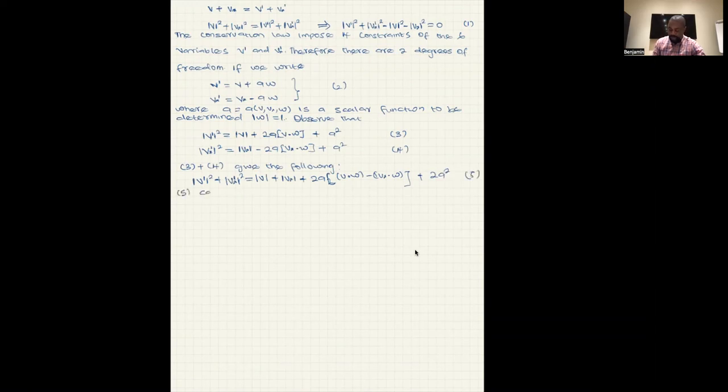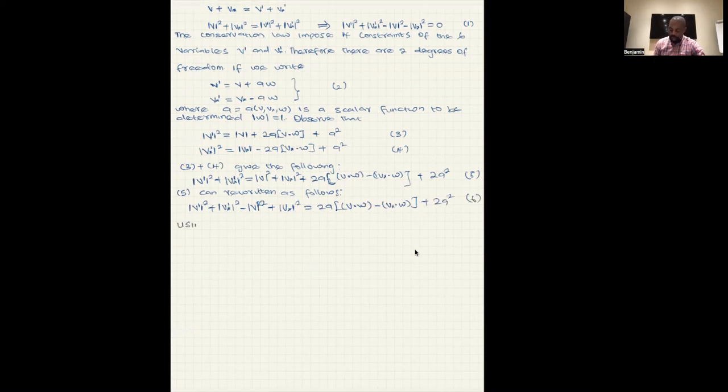Equation 5 can be rewritten as follows. The absolute value of v prime squared plus the absolute value of v star prime squared minus the absolute value of v squared minus the absolute value of v star squared is equal to 2A times the difference v dot omega minus v star dot omega plus 2A squared. We call this equation 6.